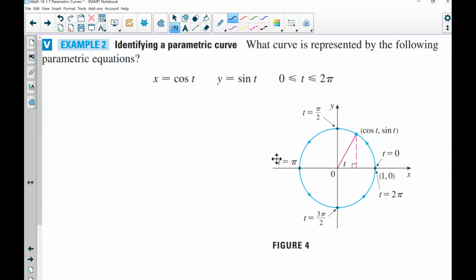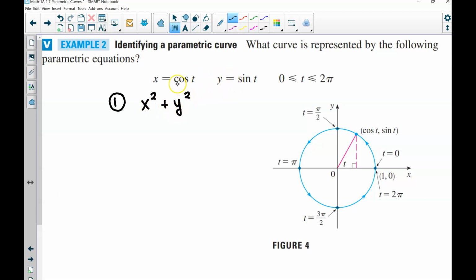Well, if we take x squared and add y squared, let's substitute the values of x and y from our parametric equations.